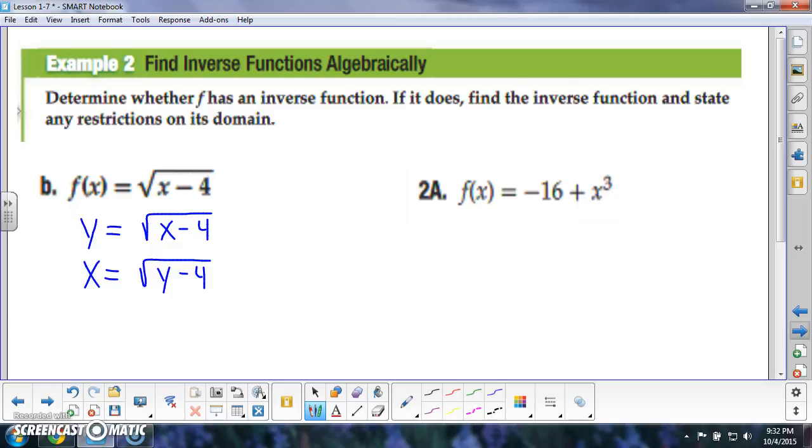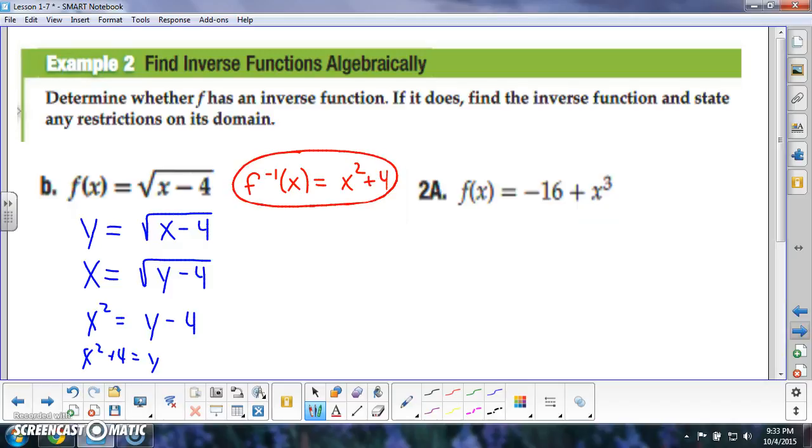So the next step I'm going to do here is I'm going to square both sides, getting rid of that square root. Then I'm going to add 4 to both sides, and I end up with x squared plus 4 equals y. So I'm going to write it like this. This is my inverse. F inverse of x equals x squared plus 4. Any restrictions on its domain?